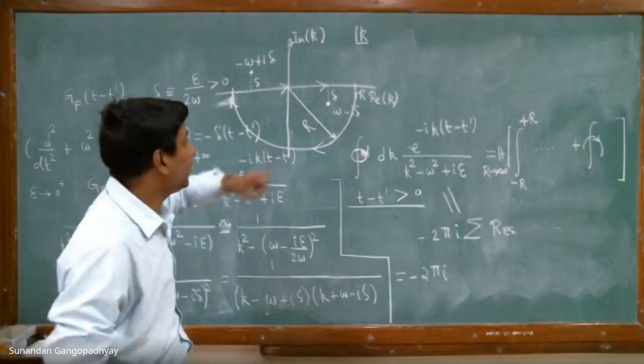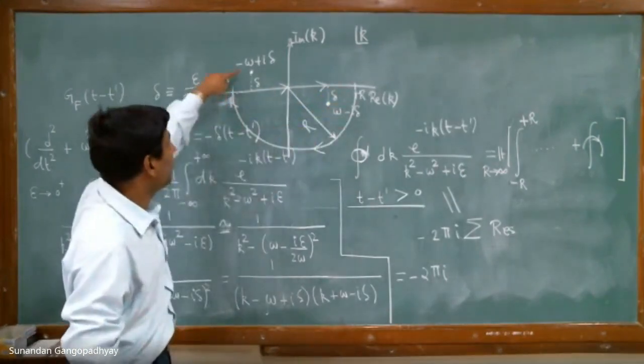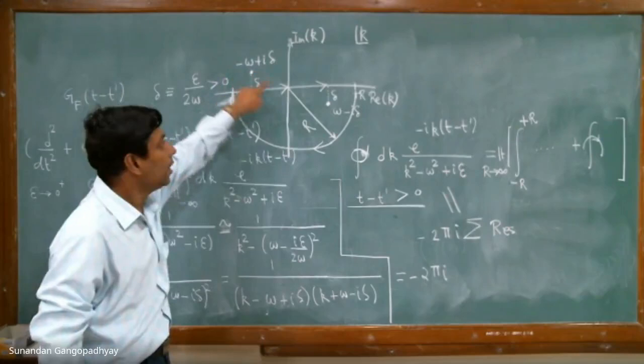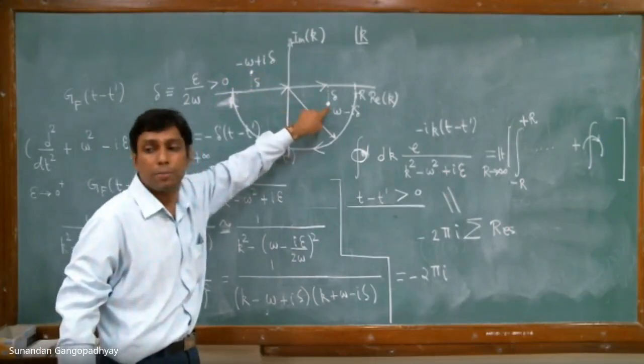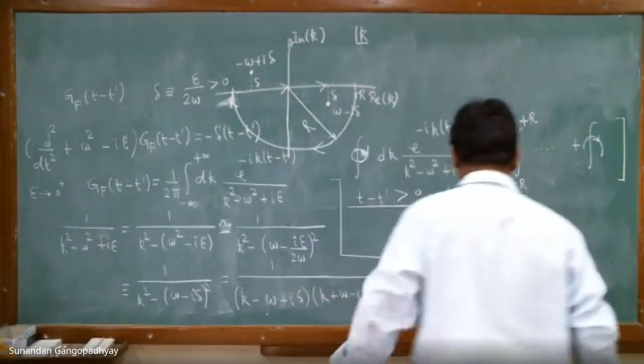Now you can see one thing, that when you close the contour in the lower half plane, this pole does not come into the picture. The residue contribution comes from only this pole. So there is only one thing here.